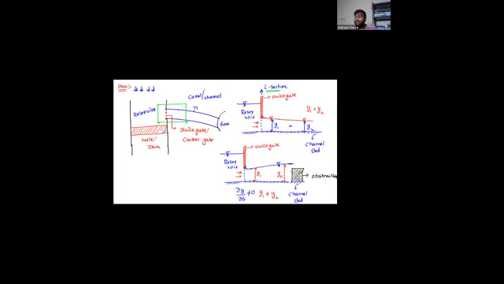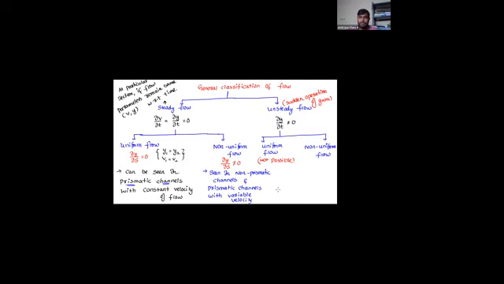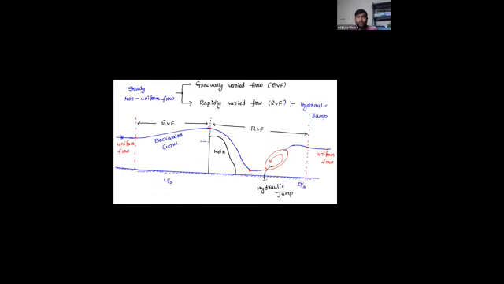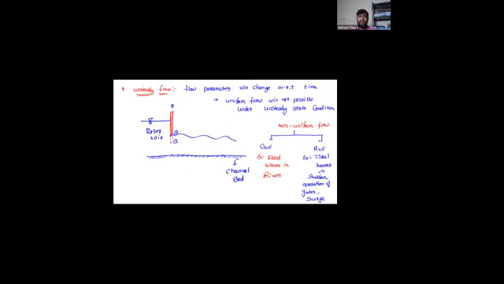And in the later chapters, we discuss one chapter on uniform flow, and we are going to discuss non-uniform flow. And in the non-uniform flow, one chapter is going to be gradually varied flow, and one chapter is going to be rapidly varied flow. And finally, we are going to deal with the unsteady flow.